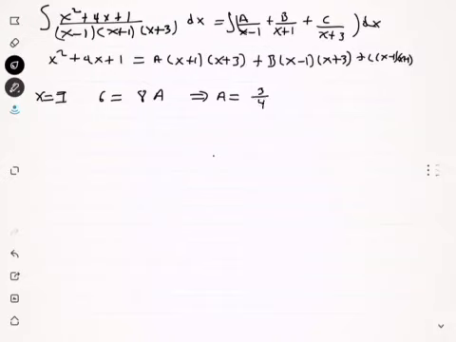Then you let x equal minus 1, and this time I'm going to write it down, because otherwise I would make a mess.